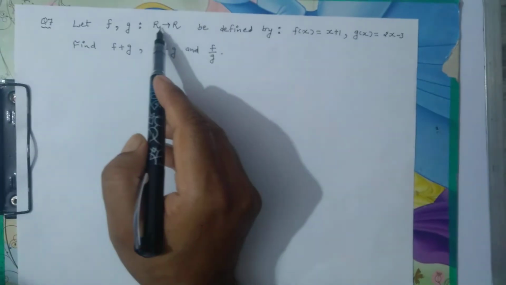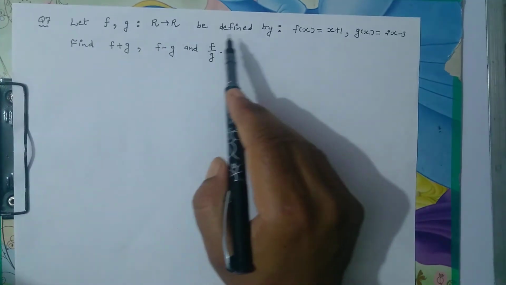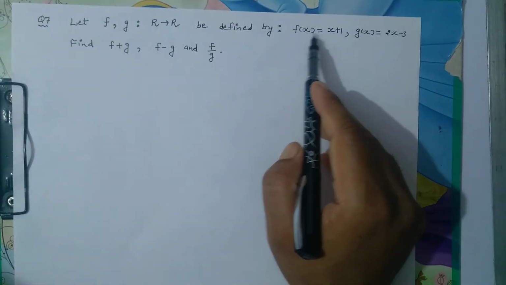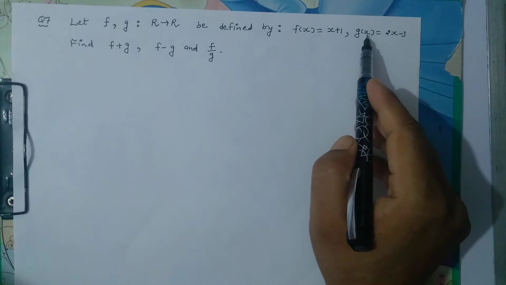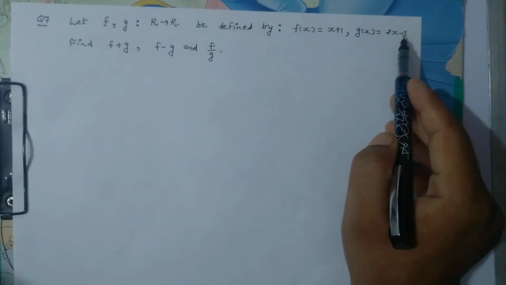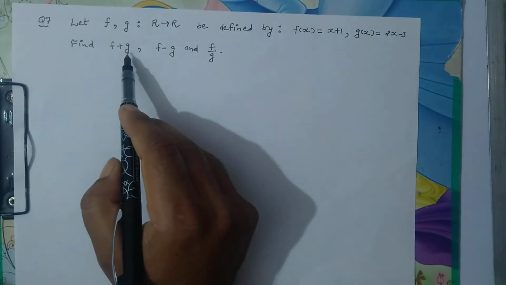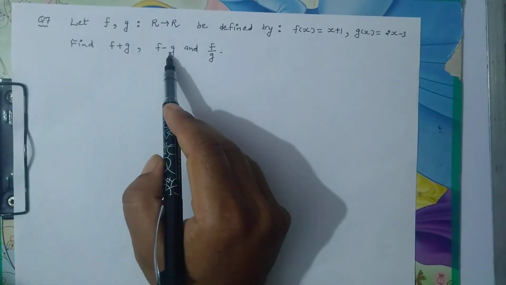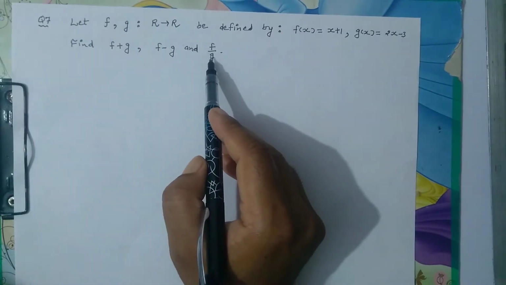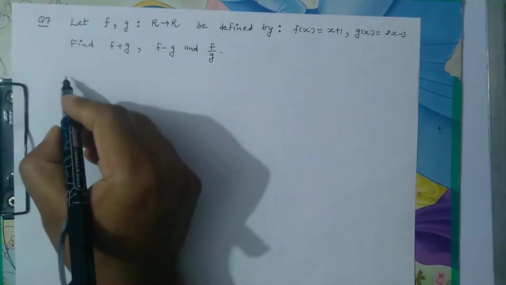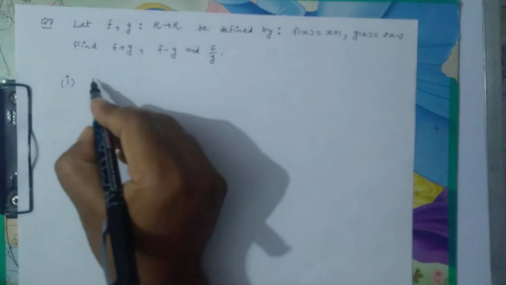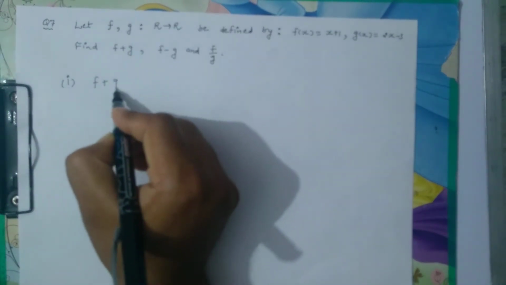Our next question number 7. Let f and g are two mappings from real number to real number be defined by f of x is equal to x plus 1, g of x is equal to 2x minus 3. Find f plus g, find f minus g, find f upon g. So first of all, what is f plus g?